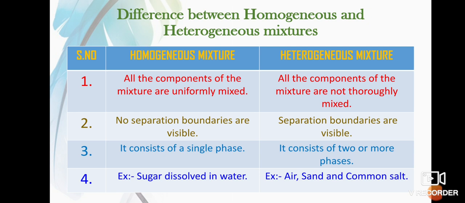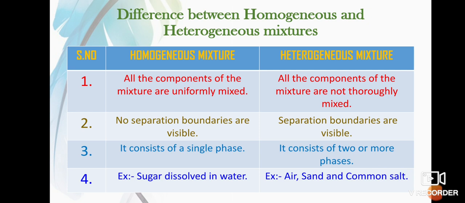No separation boundaries are visible in a homogeneous mixture, so we can't separate the components which were mixed. But in a heterogeneous mixture, we can separate them, and we have the capacity to see what components were used.